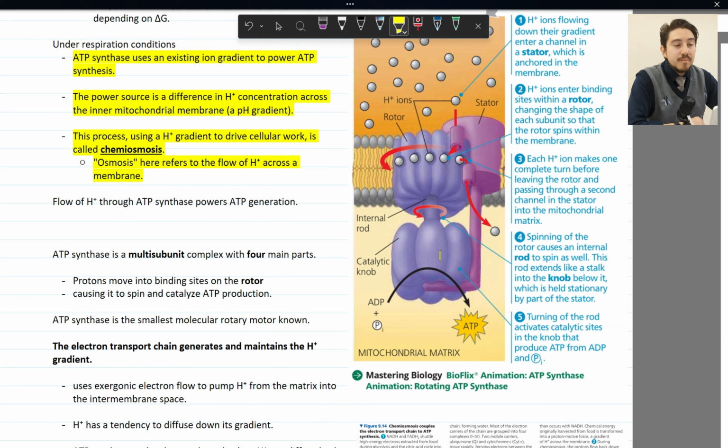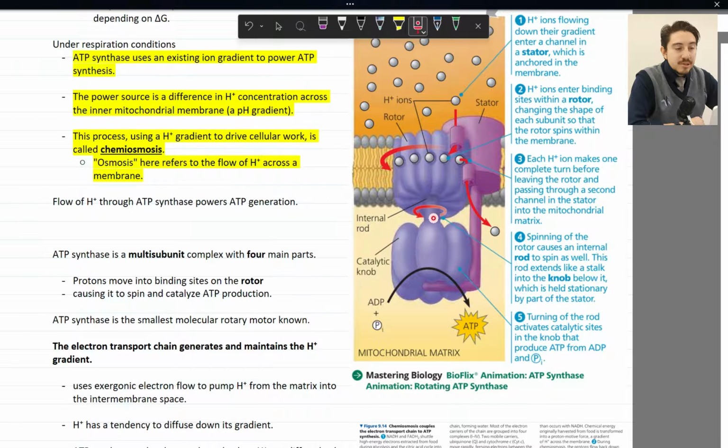It has several parts. You have something called a stator. You have a rotor in this particular area here. The stator is a stationary unit of this protein complex. And this rotor area here, just as the name says, will change shape and spin about a central axis.